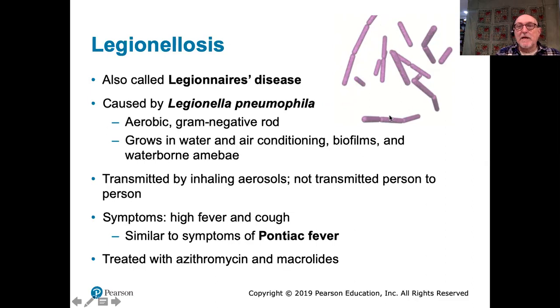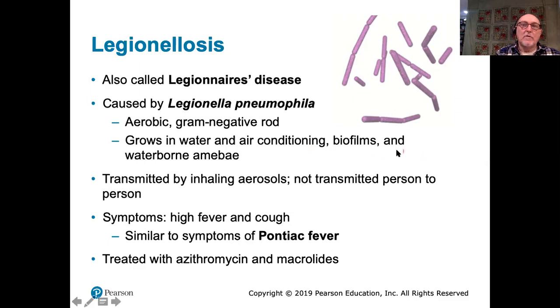The problem with Legionella pneumophila is that it grows very well in things like air conditioners. It grows very well in biofilms that form in anything which has a constant source of moisture. For example, in an air conditioner, it will grow in the drip trays. It will grow on the piping where water drips down.